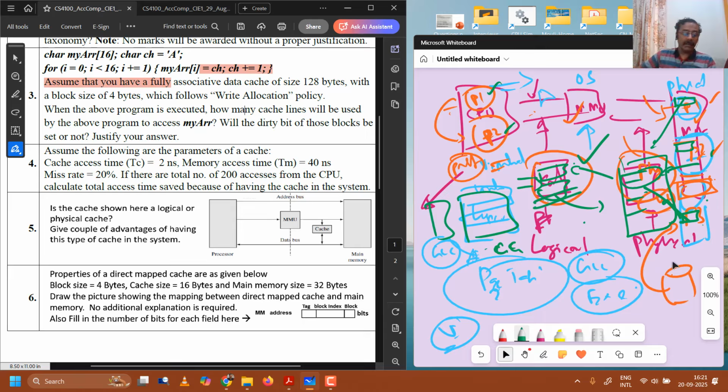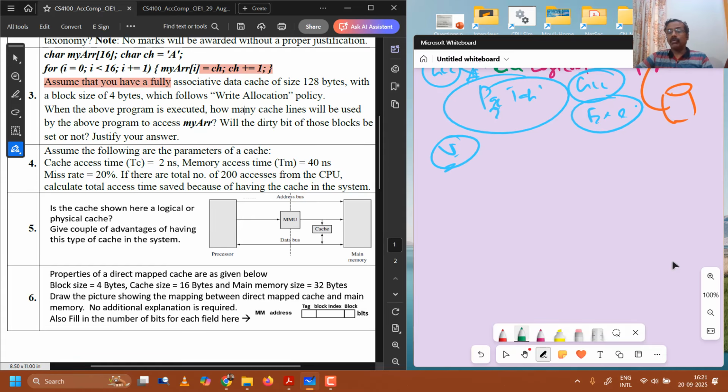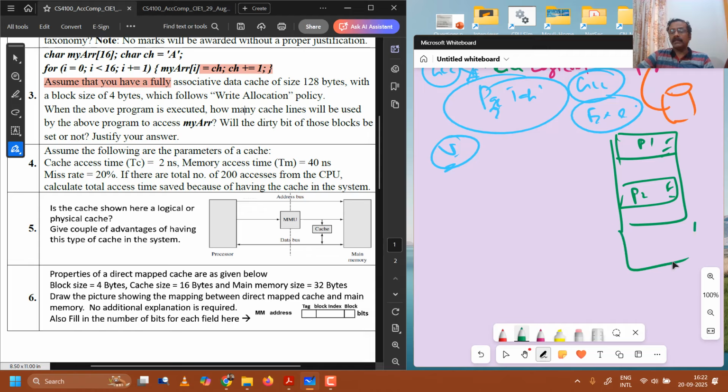So when the MMU sits here, there is a possibility that every virtual address is translated to a physical address, and it is being mapped to the physical cache here. It is not going to be that frequent, because you know that there is a TLB, the translation look-aside buffer, having the translation of this MMU business available in its own cache.